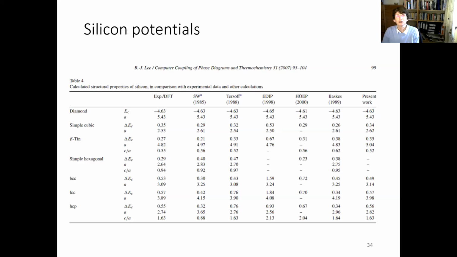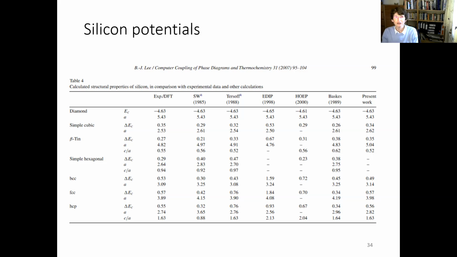So I just want to show an example of the challenges involved in actually choosing a potential. I've chosen silicon here. You all know how important silicon is, a technological material. So there are many, many different parameter sets that have been used over the years, continuously developed, and some better for other things than others.